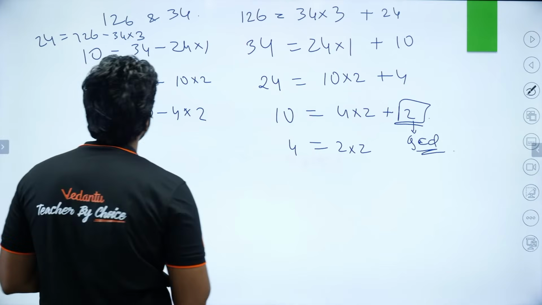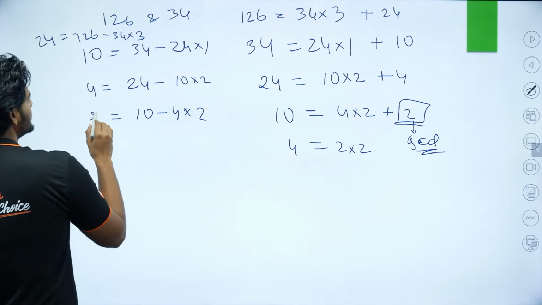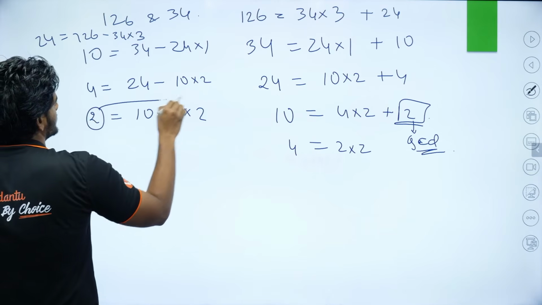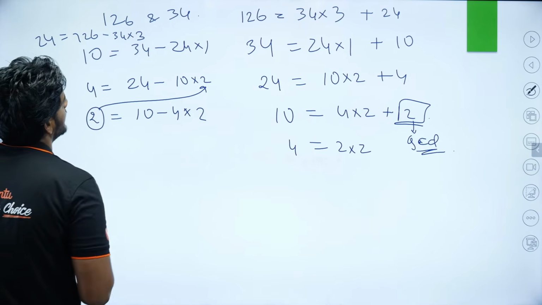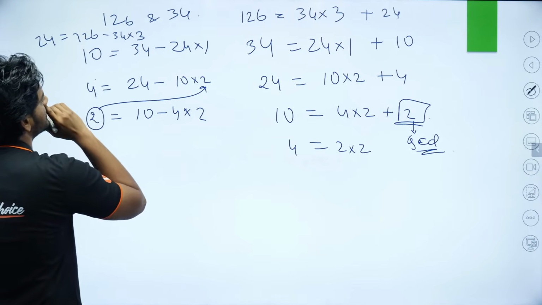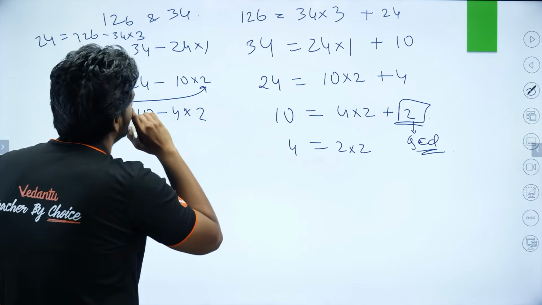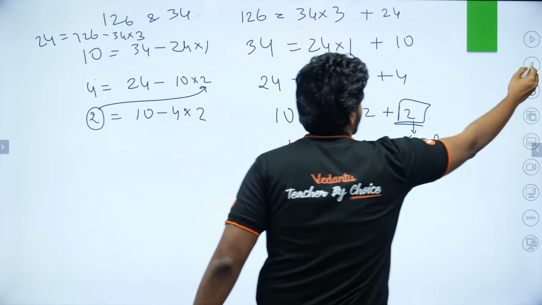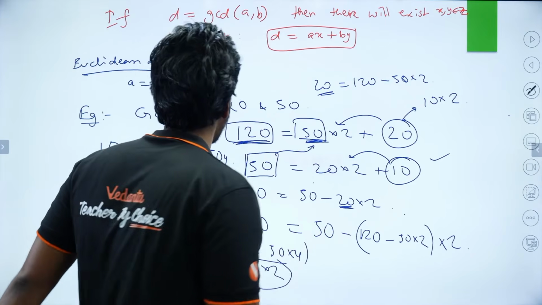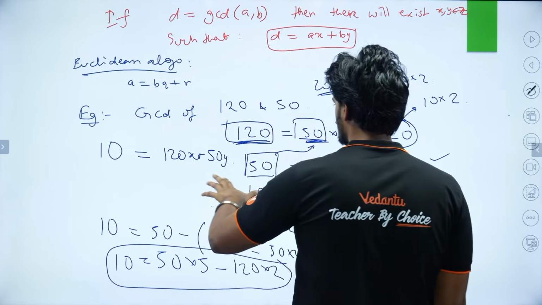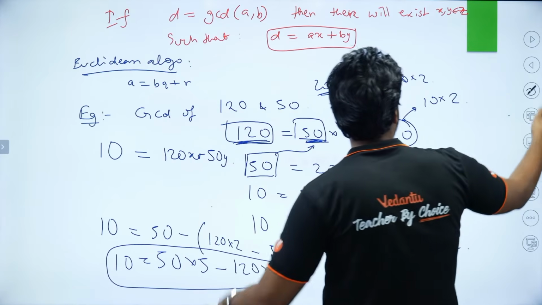Now you substitute the value of this 2 here, and then you substitute the value of this. That's what we did, right? That here in terms of 50 and 20.